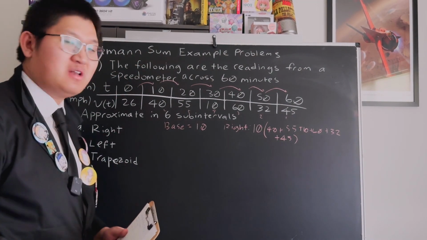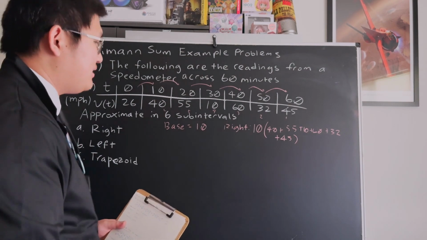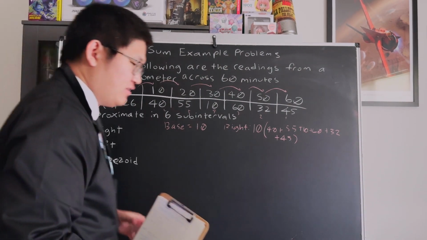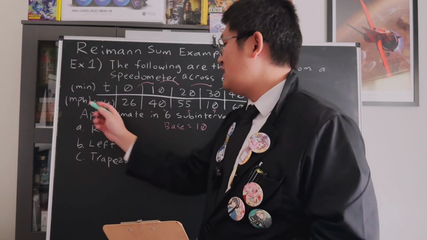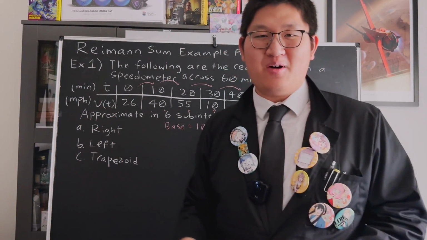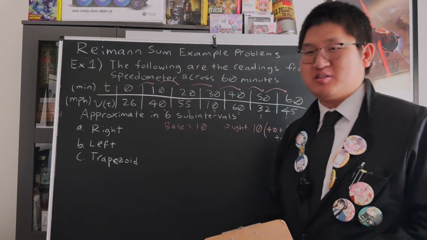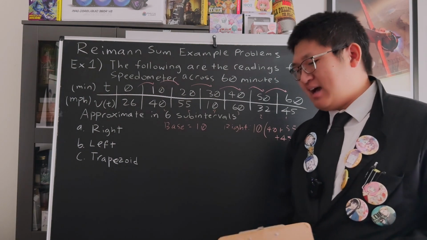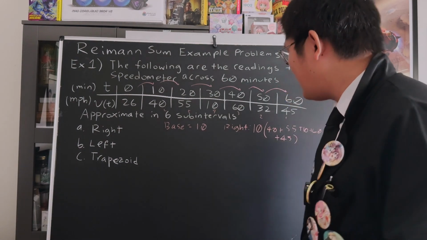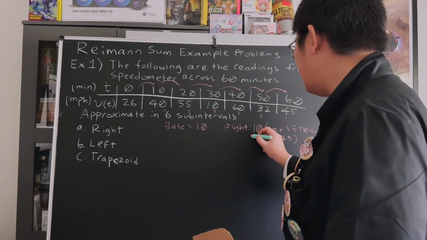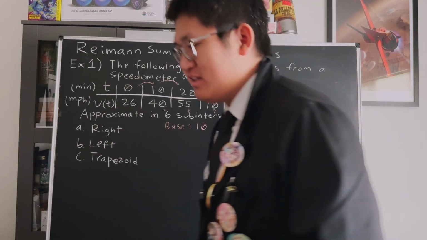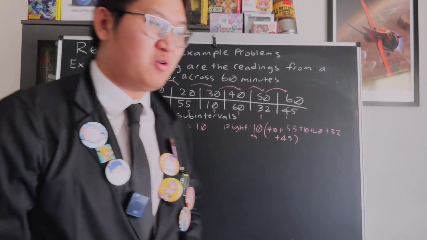Now we have a little bit of a problem here, because, take a look, we are dealing with minutes and miles per hour. If we multiplied minutes by miles per hour, it wouldn't really add up to anything. So instead of calling it a 10-minute base, we need to switch that unit back into hours.